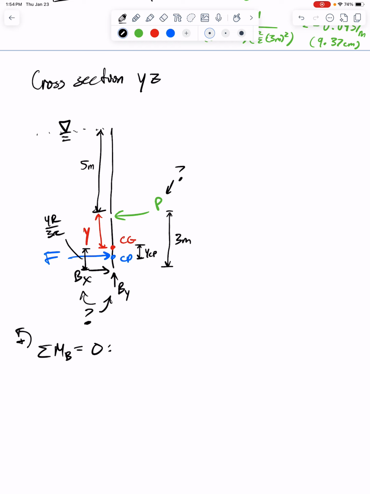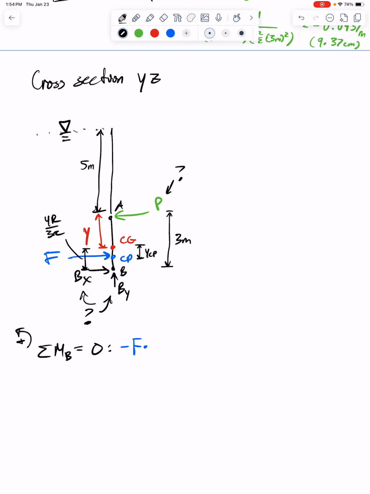So let's start with the force due to the fluid. Using the right-hand rule, that gives me a negative term. So I get a negative moment, and that is the force from the fluid multiplied by the distance from point B to CP.